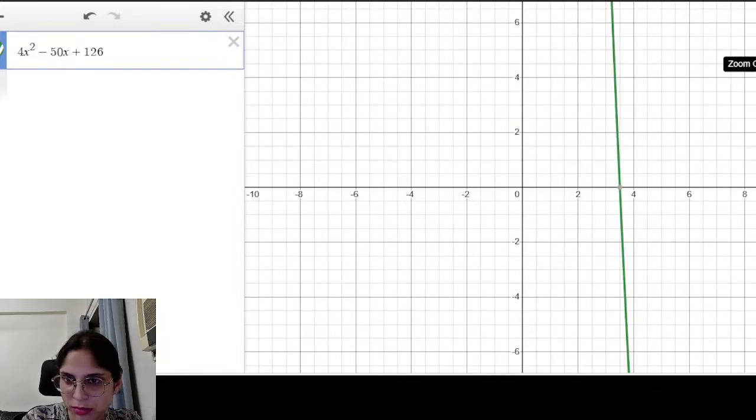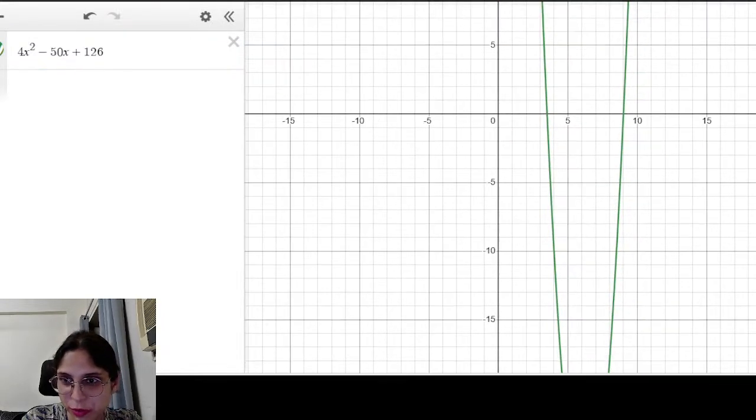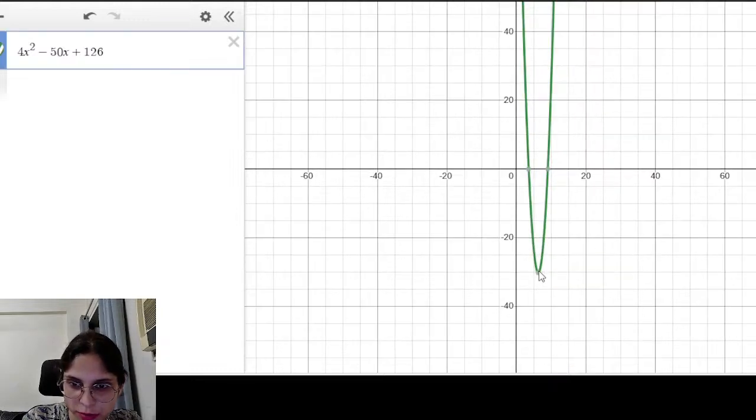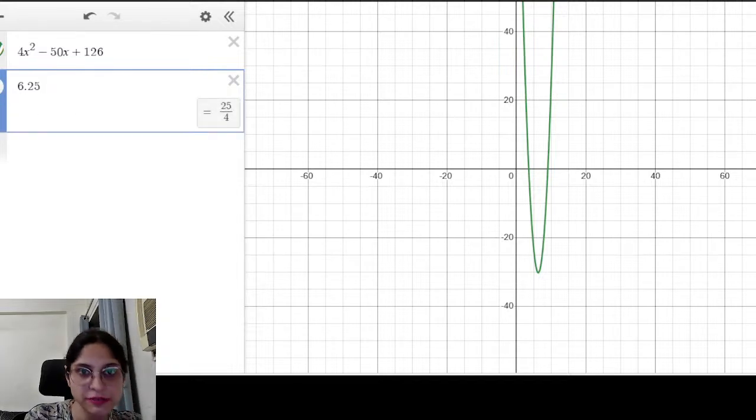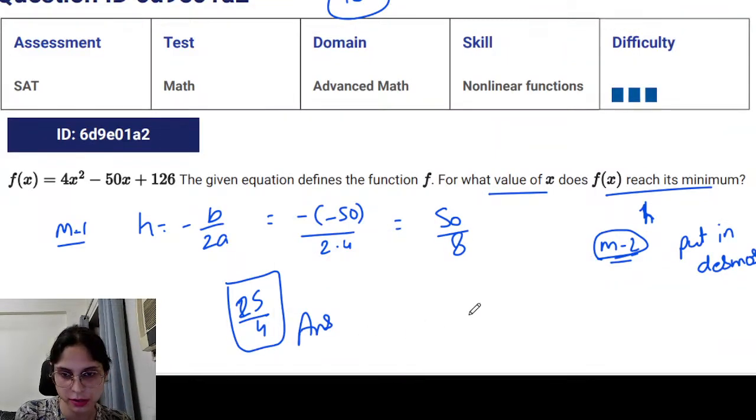You have to find the minimum value. You will have to zoom out and do all those things. So if you remember the formula, that's also great. 6.25. You can write 6.25 as your answer. That's also perfectly fine. I personally prefer fractional form.